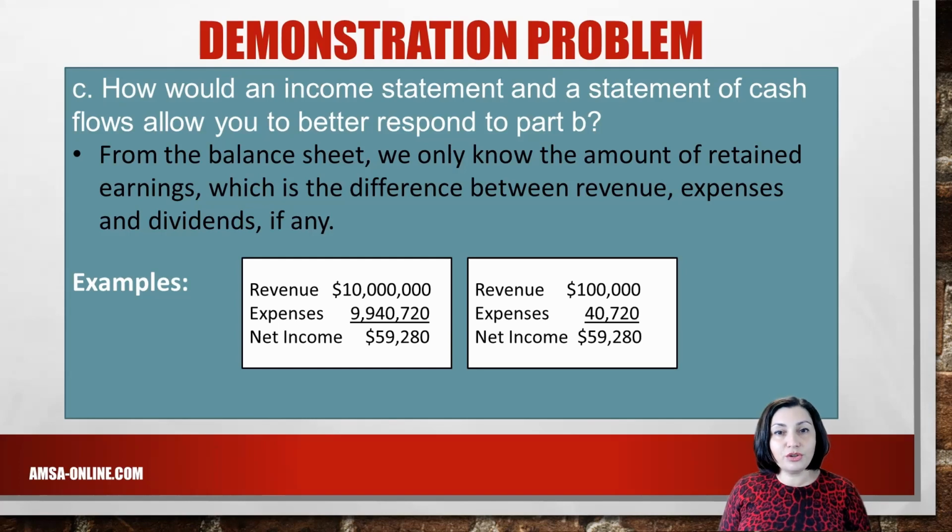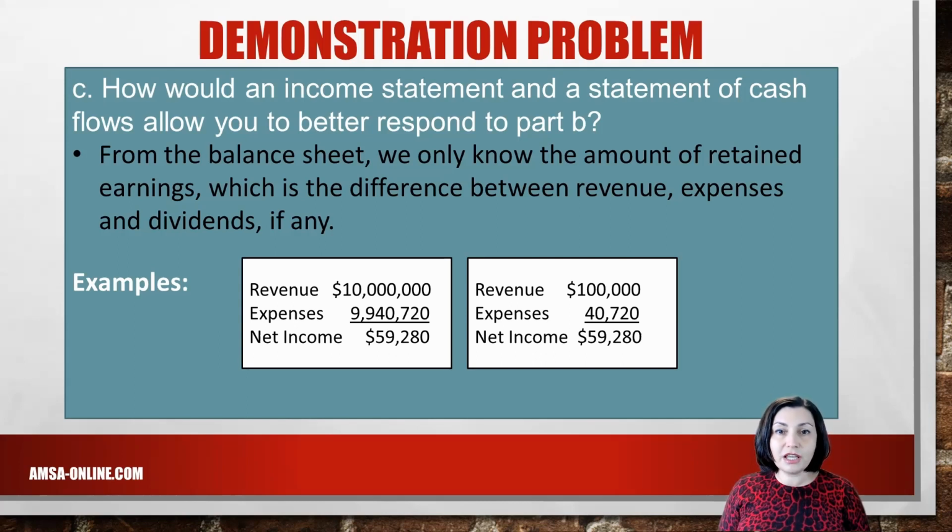It will eventually exhaust its resources and will have to close the doors. Therefore, users of financial statements want to see the financial statements, particularly the income statement, to try to predict what is going to happen with the business in the future based on prior year's results.